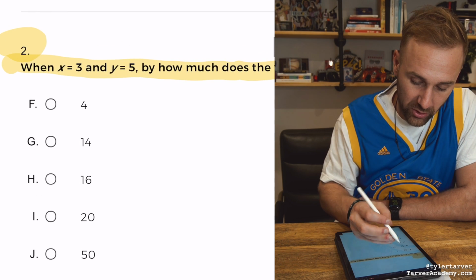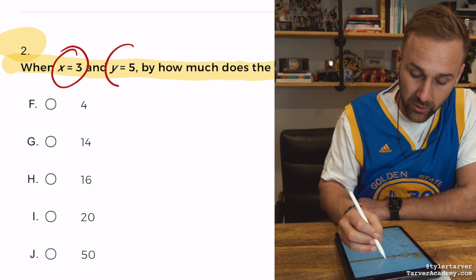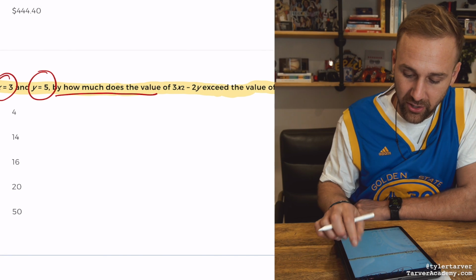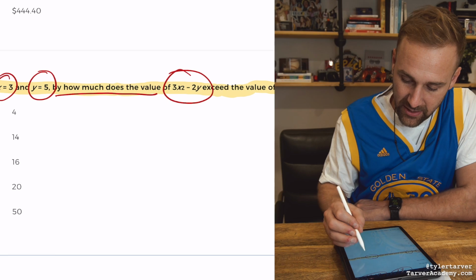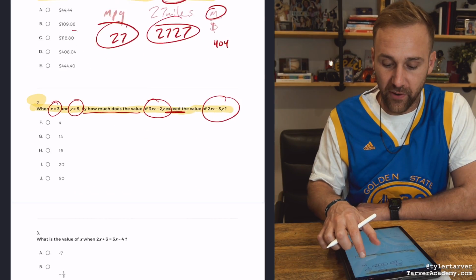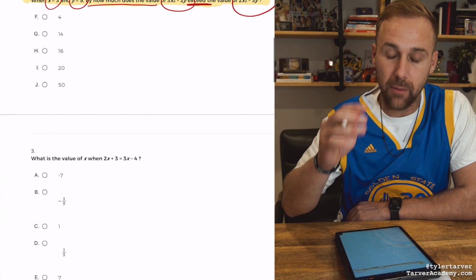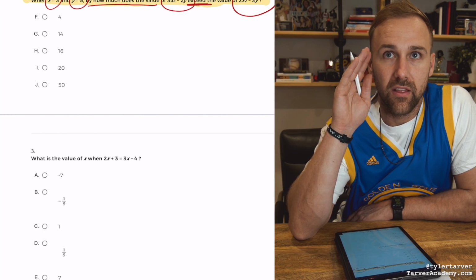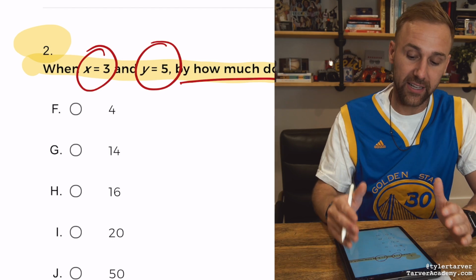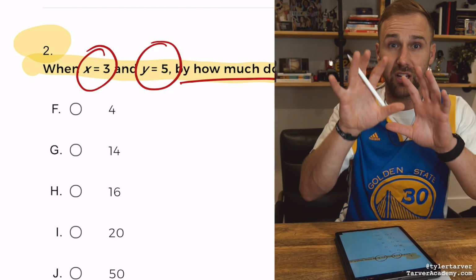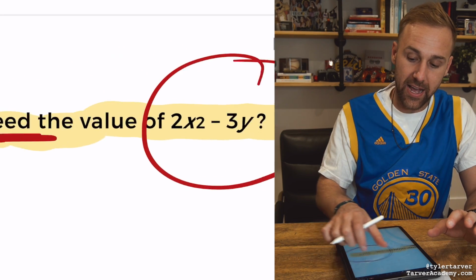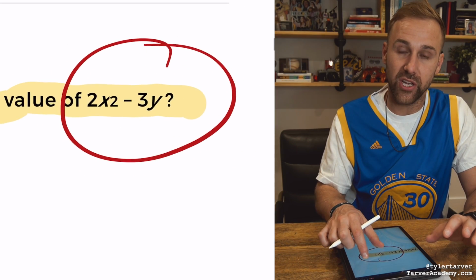When x equals 3 and y equals 5, by how much does the value of this exceed the value of this? Now, the first thing I'm going to notice when I'm working this problem is whenever I go in, I know I'm going to plug in my 3 for x and my 5 for y. So essentially I'm going to solve this problem with that information and this problem with that information.